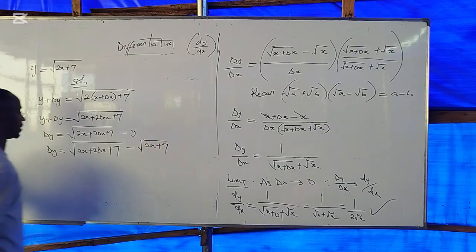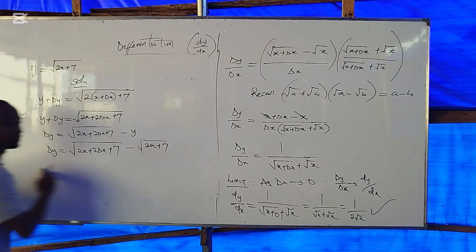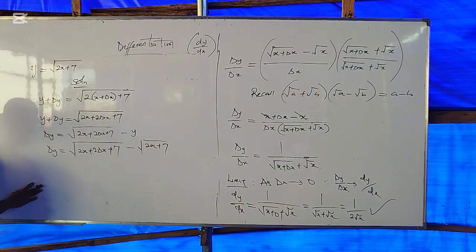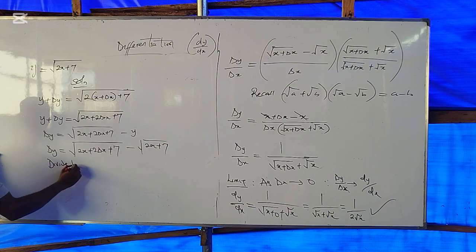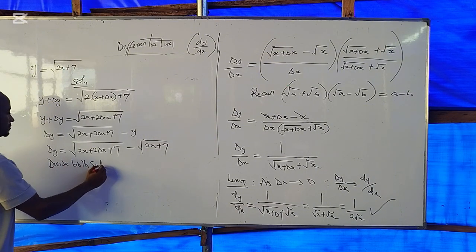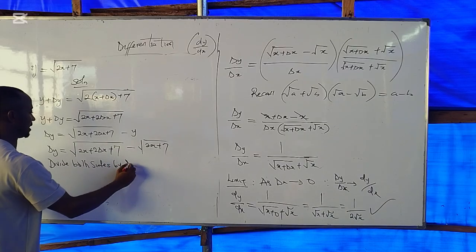What's the next rule now? Divide both sides by delta x.